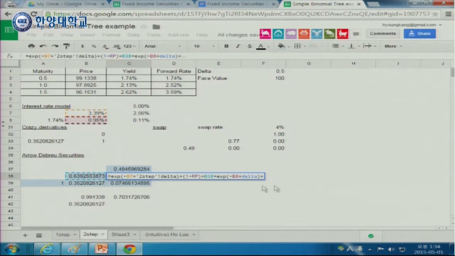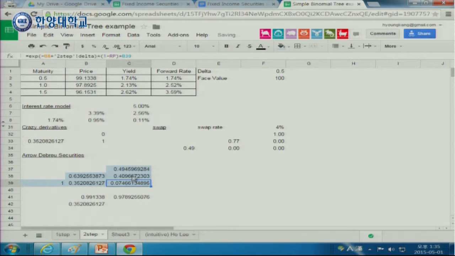And then from this particular stage, now we have to move up, so we multiply by plus RP. Up to this part is the price of LOW security from the perspective of this one. But now the price of this state is 0.35. Now we have to multiply this one as well, right? So this is the price of LOW security at a particular state.